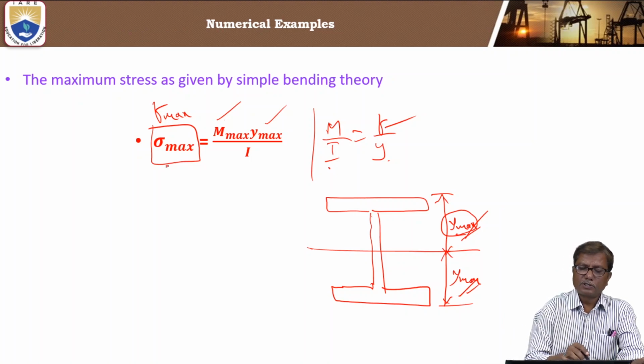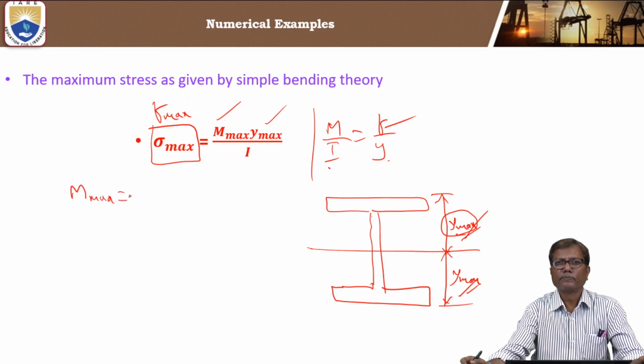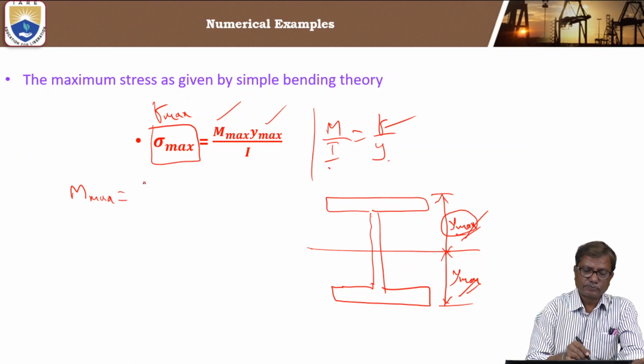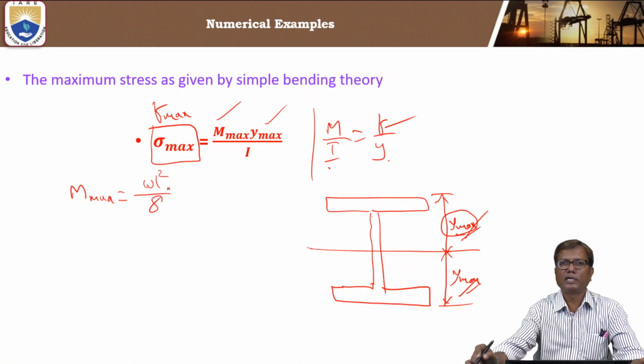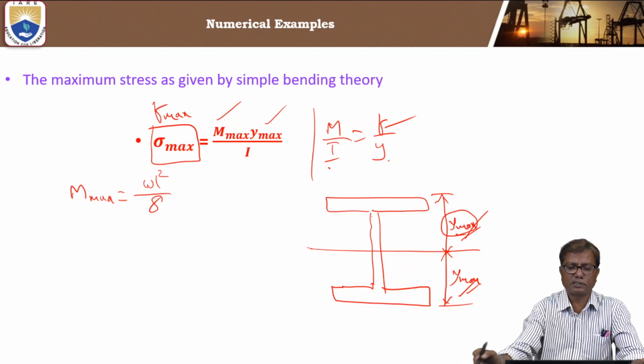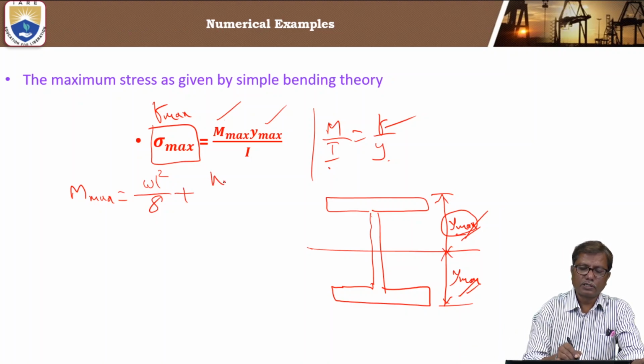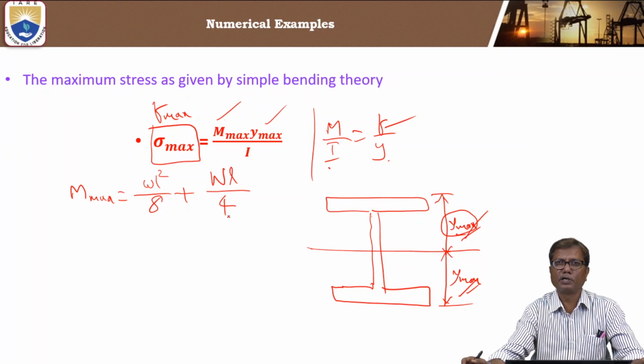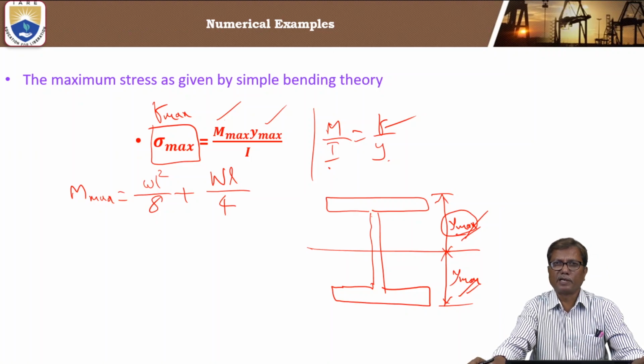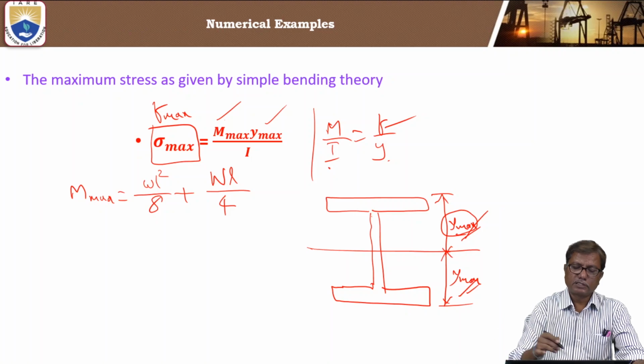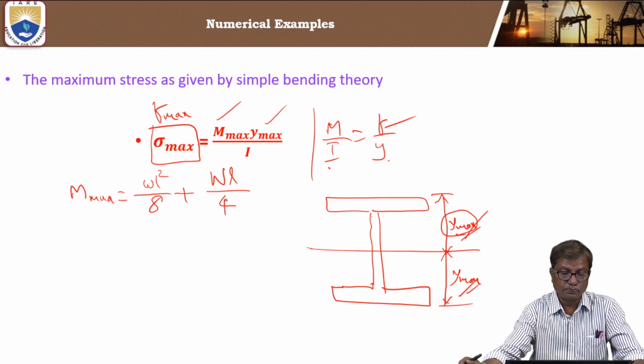Okay. So in this case, what is the bending moment? For the given loading, which is UDL and point load, due to UDL the maximum bending moment is WL square by 8, and due to the point load, which is at the midspan, the maximum bending moment is WL by 4.